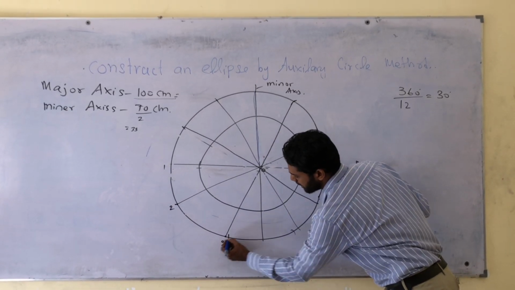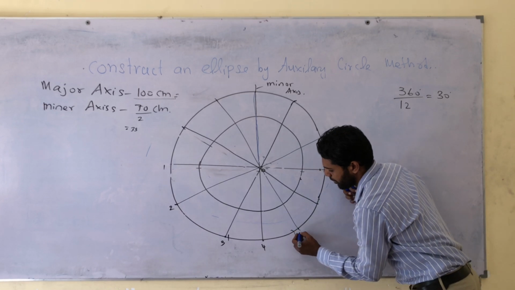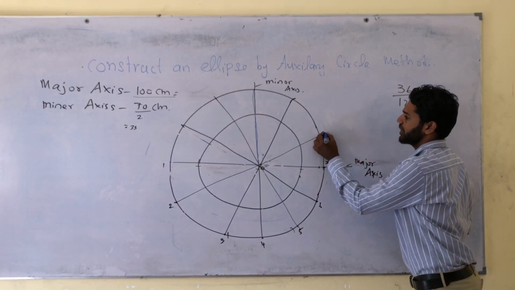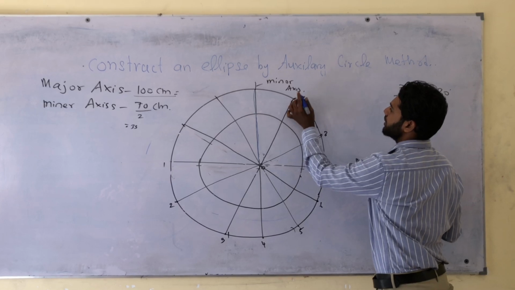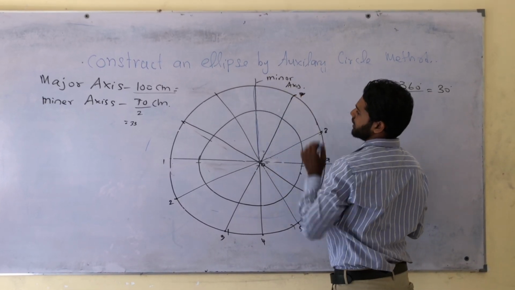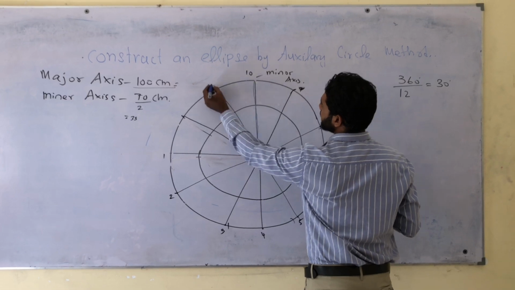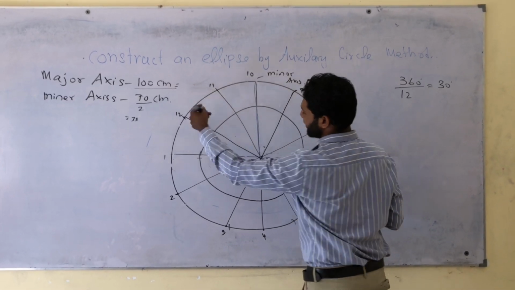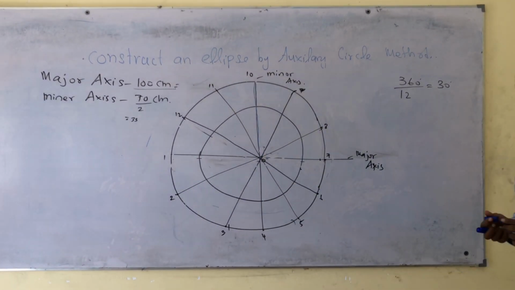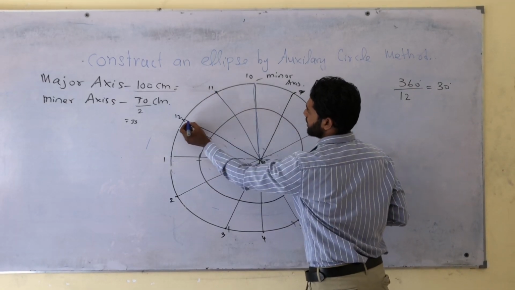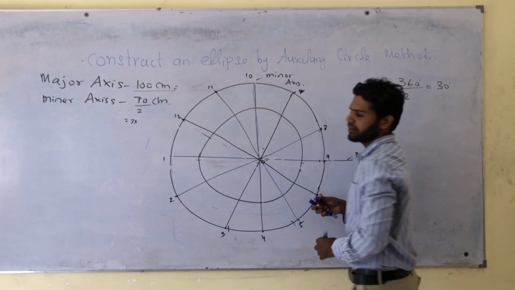This name 3 and 4, 5, 6, 7, 8, 9 and 10, 11, 12. Whatever you wish, you have to mention a name. This point is called 11. Point number 12, likewise.